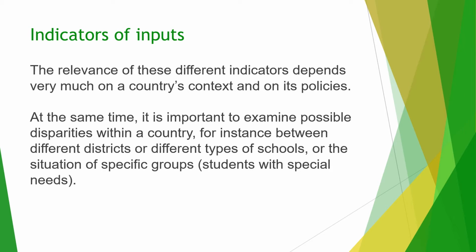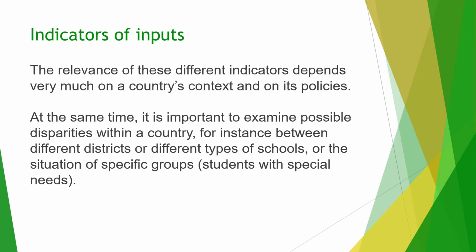Because as we already said when we were discussing the characteristics of an effective sector plan, the analysis needs to pay attention to the disparities, because the plan also needs to pay attention to the disparities. It is possible that there are significant disparities between different types of schools, between different districts, and that the situation is quite different for particular groups, for instance, for students with special needs.